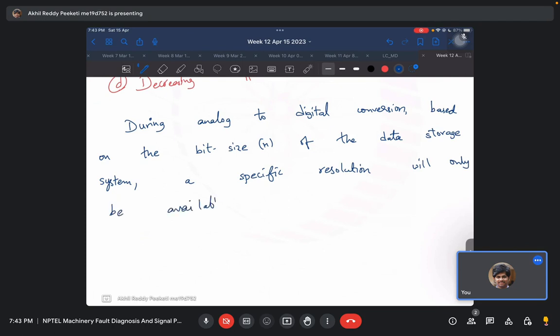This resolution is arranged by 2 power n, where n is the bit size.